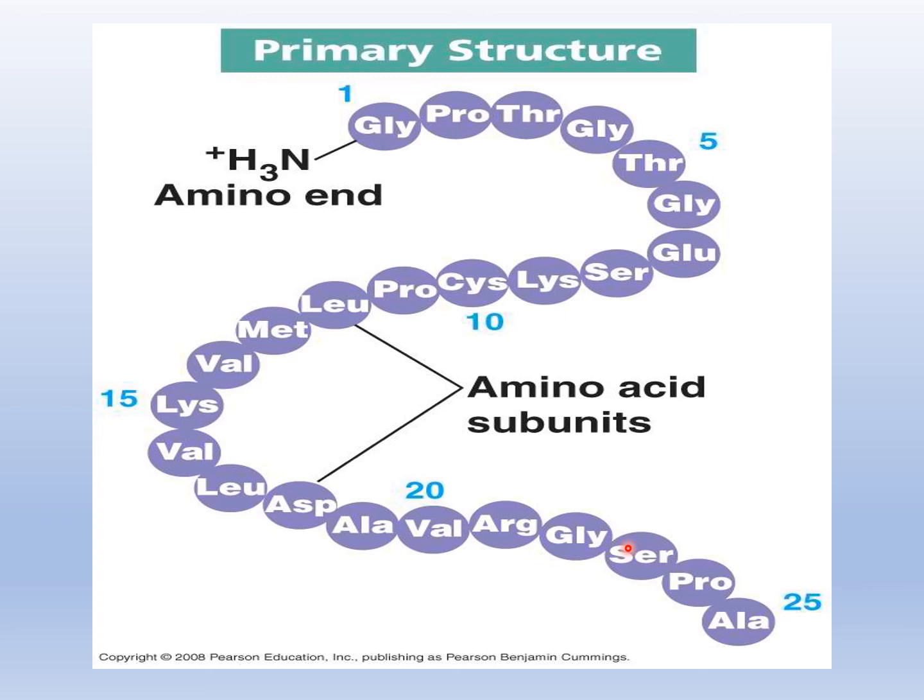Later, I will show you. But basically, when you say primary structure, it is just the chain of amino acid residues. No bonding between neighboring amino acids. You see, there is no bonding from this part to this part, no bonds. All we have is just one sequence of amino acids.